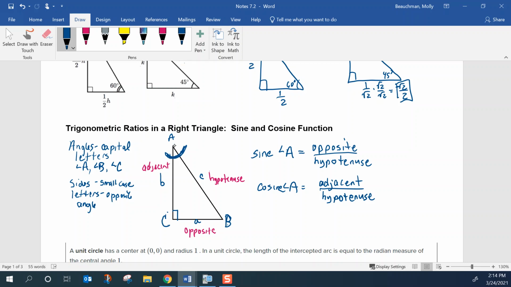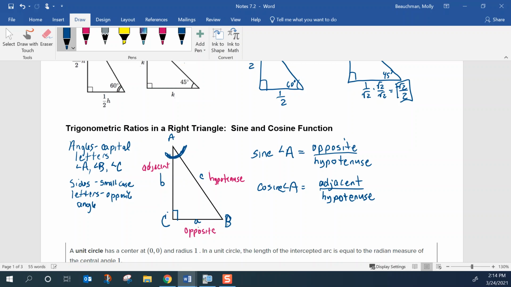Opposite capital angle A is small case A, side A, the opposite side in relation to angle A. B is opposite side B, C is opposite side C. So the way that we name the sides in relation to angle A, little side A is opposite, side B is adjacent, and side C is the hypotenuse.